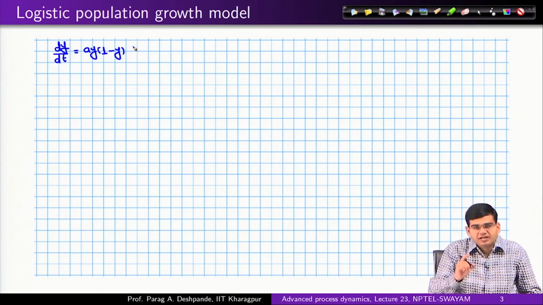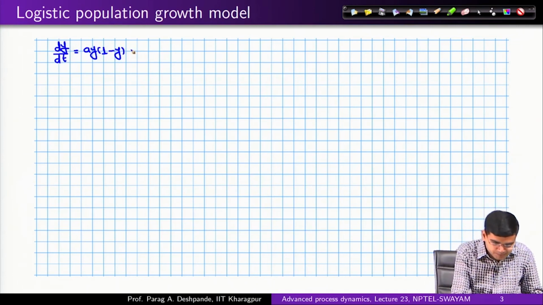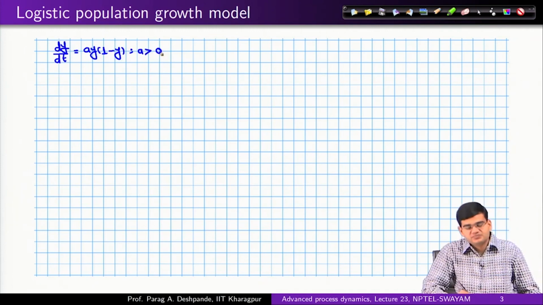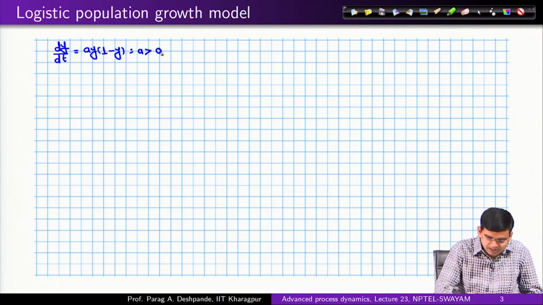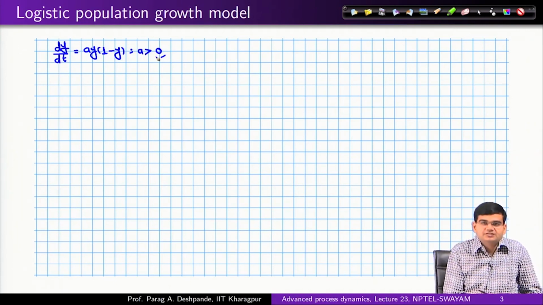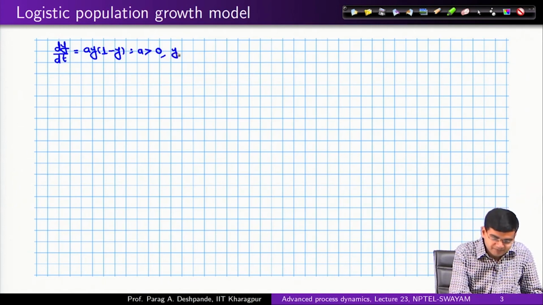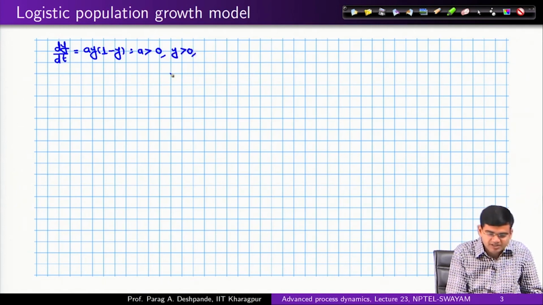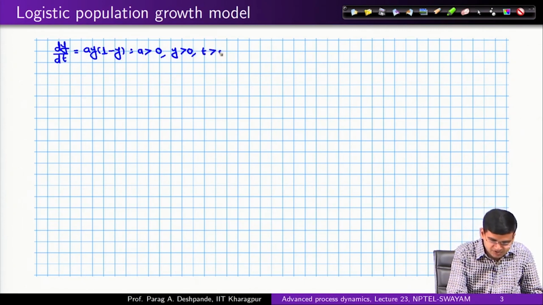I am considering the growth phenomenon. So, therefore, I know that a is always greater than 0. So, my phase portrait corresponds to a greater than 0, my population y is always a positive quantity and time physically is always greater than 0.